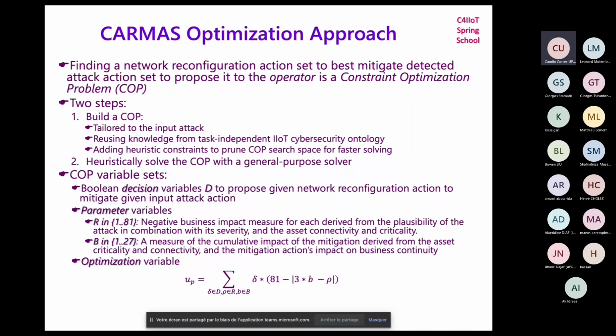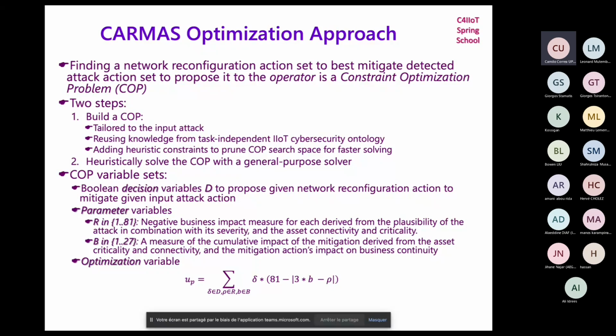And how do we specify the best solution? Well, we have a series of variables within our problem. Remember the definition I gave at the beginning of what a constraint satisfaction problem is? Well, here are the domains and the variables. There are some Boolean decision variables, which essentially mean whether or not to pick a specific mitigation.